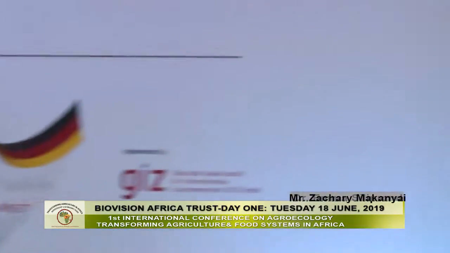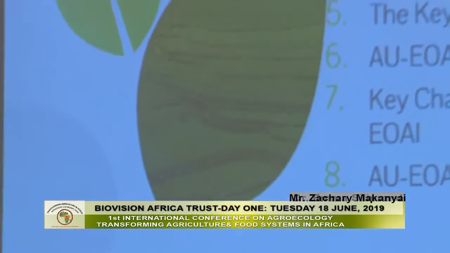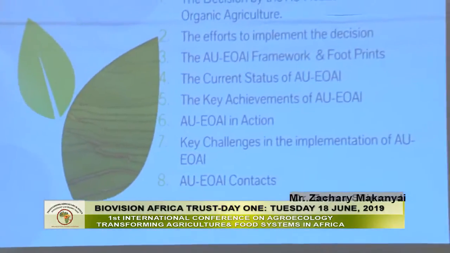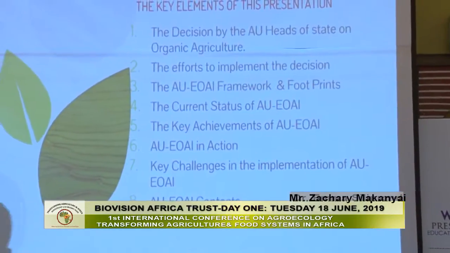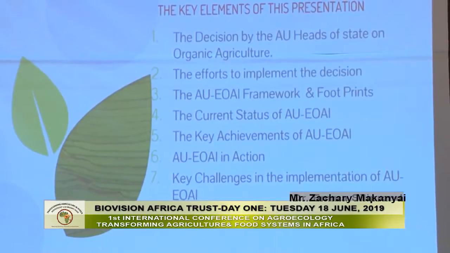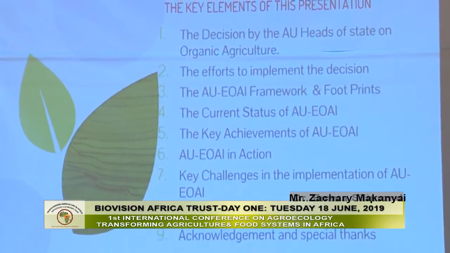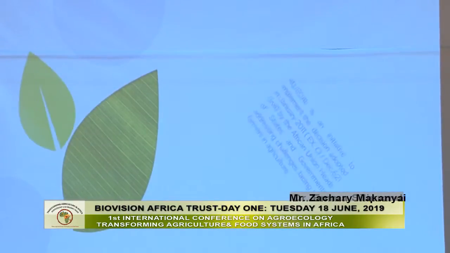One of them is about the decision by the heads of state, the efforts to implement the decision, the framework and the footprints of EOA, the current status of EOA, the key achievements of EOA. We shall also see some photographs, what I'm calling EOA in action, then the key challenges in the implementation, and then the contact people, and then the acknowledgement and the special thanks.